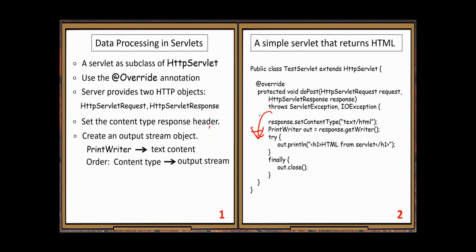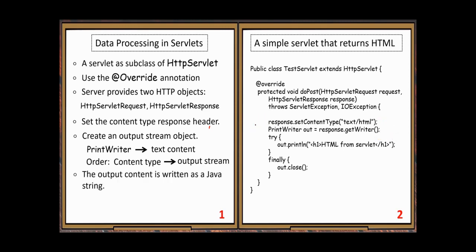So later, when you send the data, the content type information will be carried to the client side. Otherwise, if you forget to do that, or if you get the wrong order, for example doing this after you create the output stream object, then the information won't be there and you will get a problem. So the order here is important.